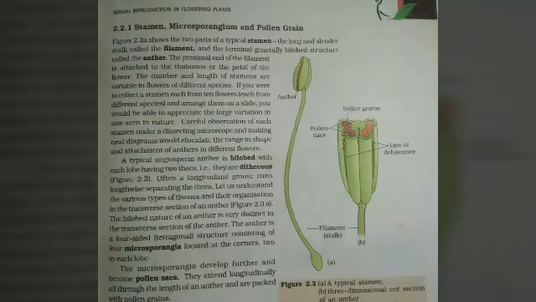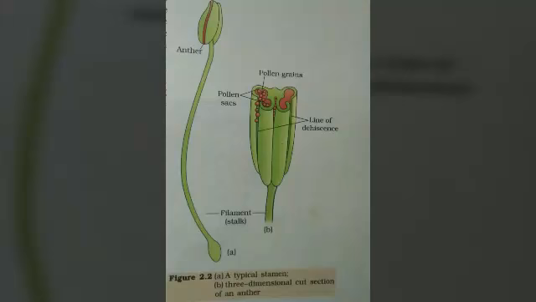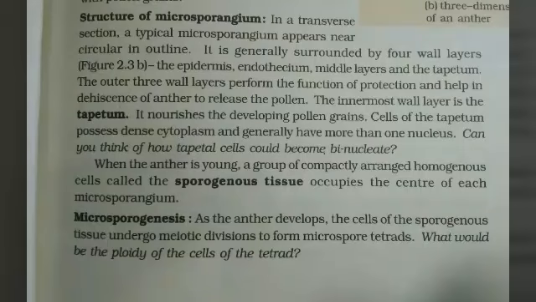So we can say the anther is a tetragonal structure. It means it has four different sac-like structures present in the anther. Sac means cavity, and each cavity has the sporogenous tissue which produces the pollen grain.